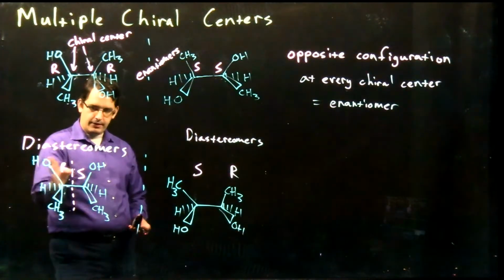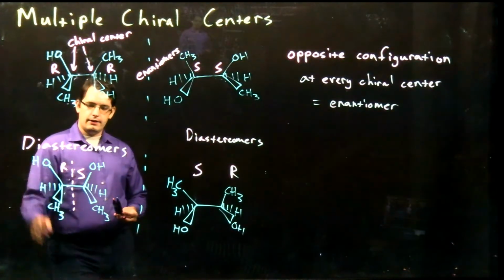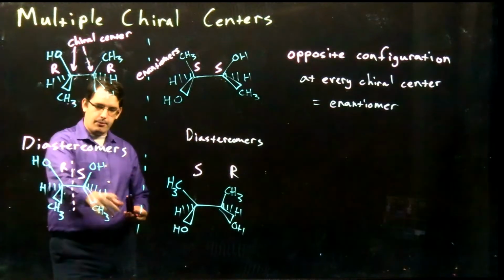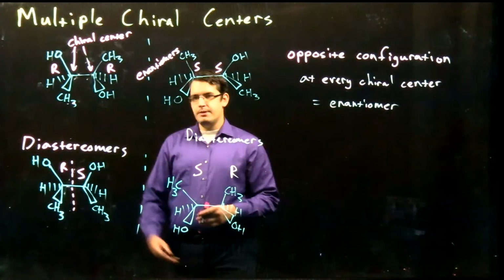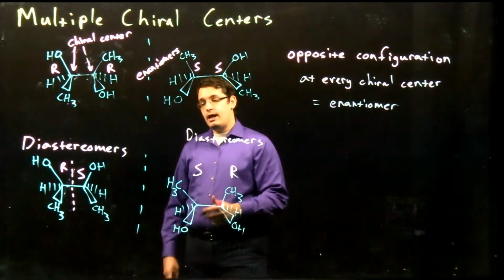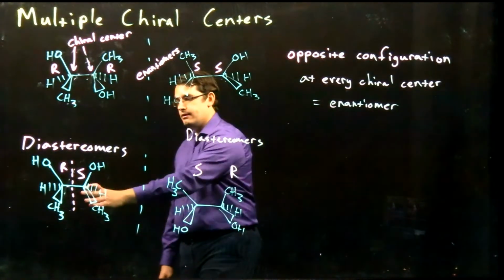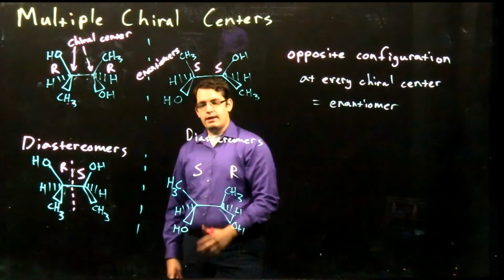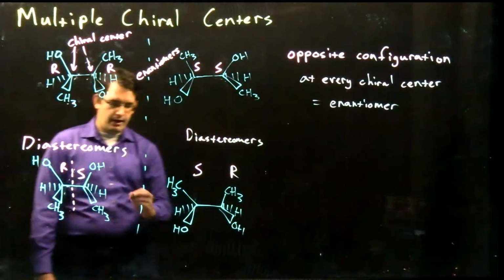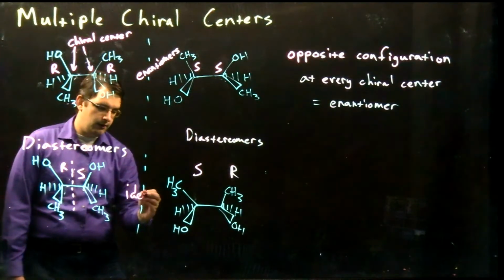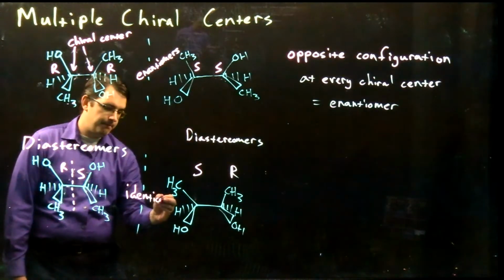Right? It's actually perfectly mirrored from one oxygen to the other, from one carbon to the other, from one hydrogen to the other. Anytime we have a symmetry like this, we can't have enantiomers. So this molecule has symmetry, therefore it can't have an enantiomer, and these are actually identical in this case.